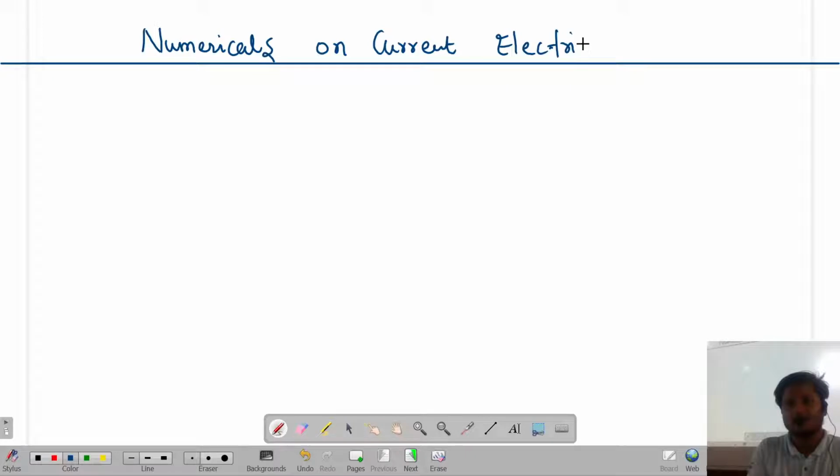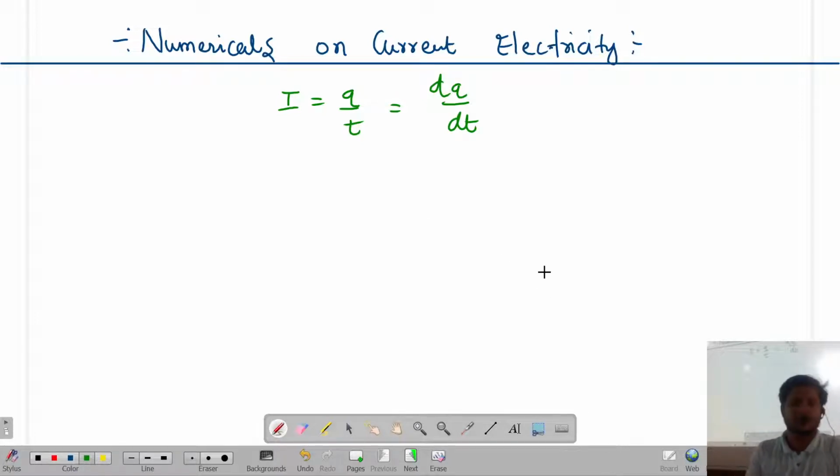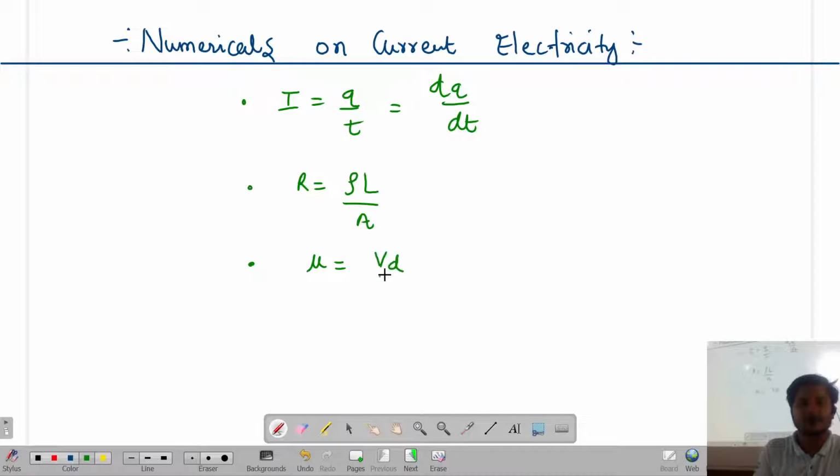Before going through the solutions, a little bit of digression. I was q by t, and it was also equal to dq by dt. Second formula was R is equal to rho L by A. Third formula, mu, mobility, was drift velocity by electric field.